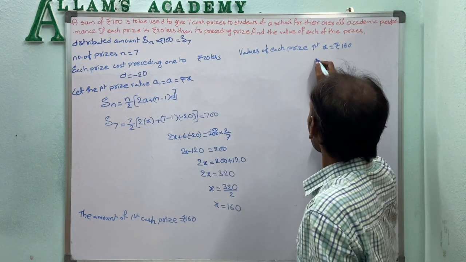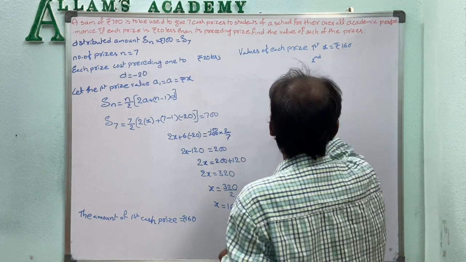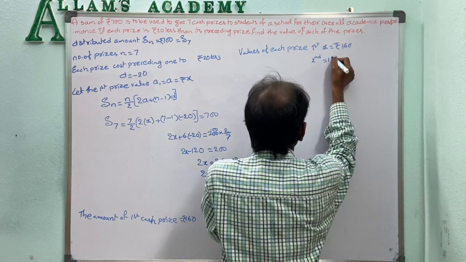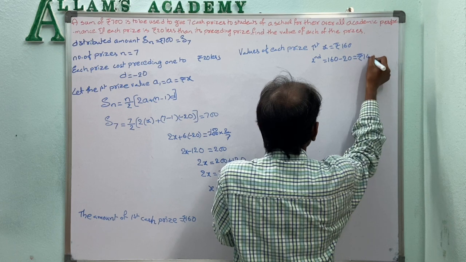Now the second prize is 20 rupees less than the first, that is 160 minus 20, equal to 140 rupees.